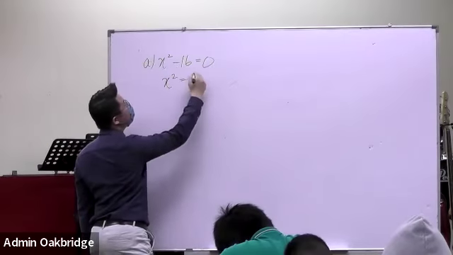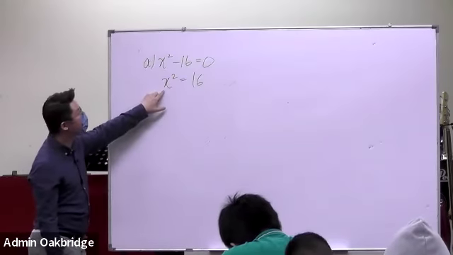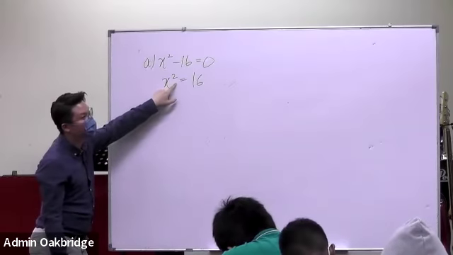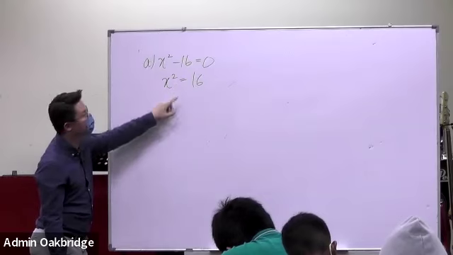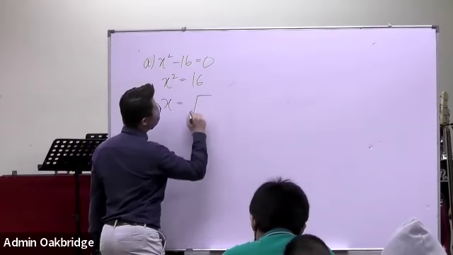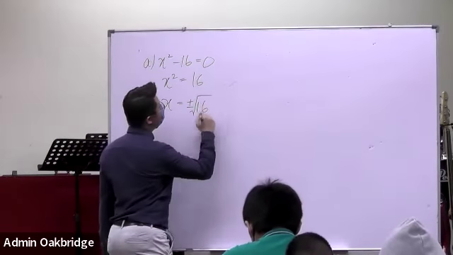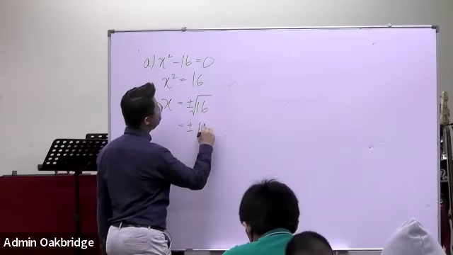Move the minus 16 to the right-hand side. Then we want to get x, we don't want the square, so the way to remove the square is by taking the square root. Remember to put plus minus. This gives you plus minus 4.